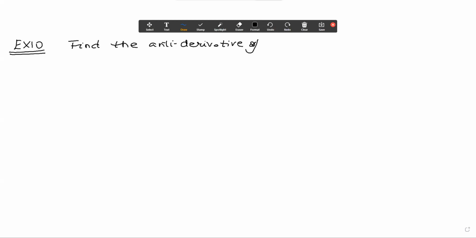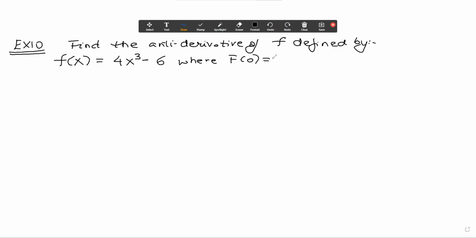Find the antiderivative of the function f defined by f of x is equal to 4x cube minus 6, where initially my capital F of 0 is 3. So guys, what are we given? We are given the small f of x function and we are given that the value of capital F at 0 is equal to 3. So first of all, how do we find the antiderivative?